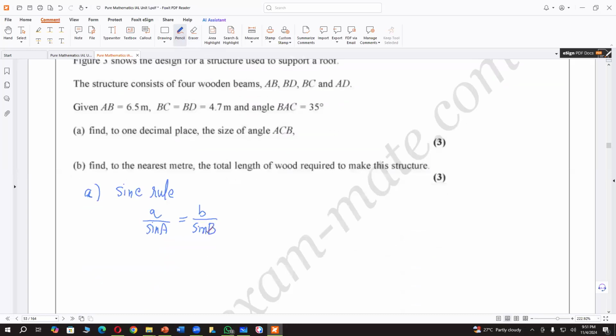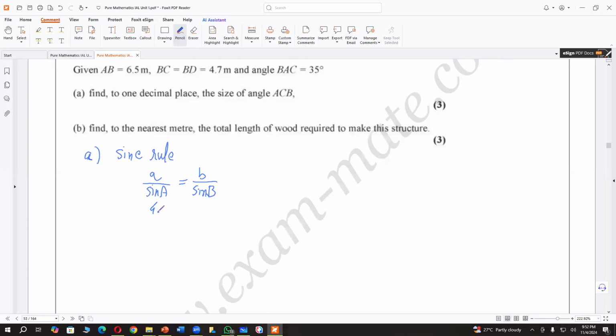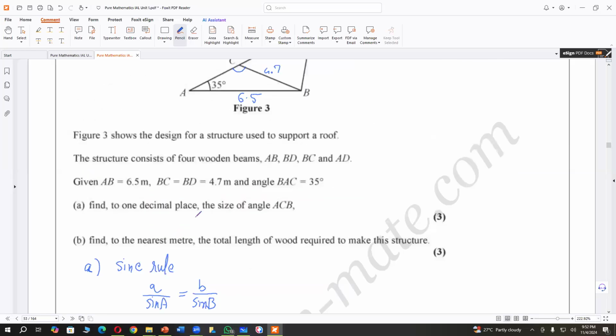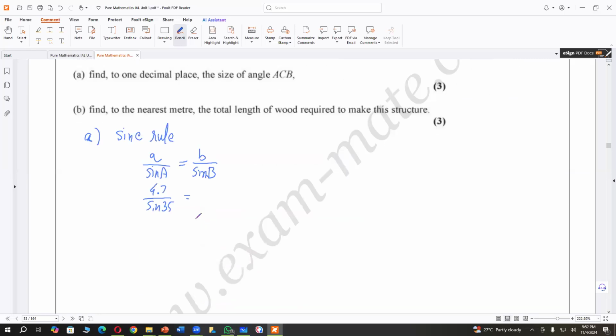4.7 upon sine C is equal to 6.5 upon sine 35.